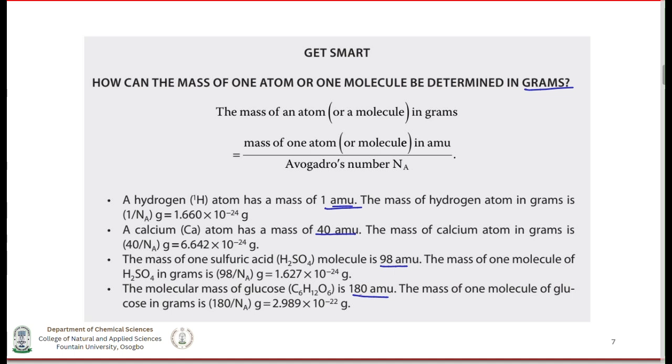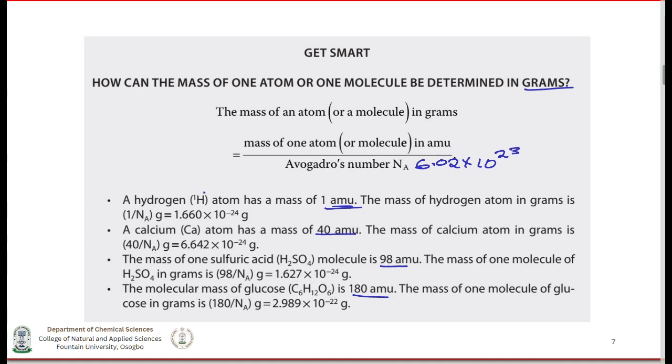If you want to get this in grams, you multiply by Avogadro's number. Sorry, did I say multiply? You will divide the atomic mass by Avogadro's number, which is 6.02 times 10 to the power of 23.